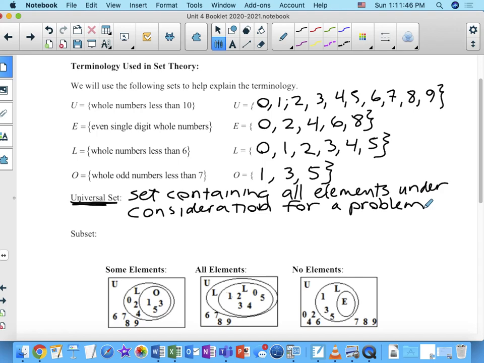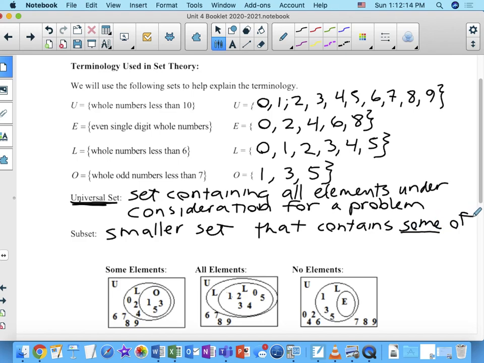Okay. A subset is a smaller set that contains some of the elements from the universal set.